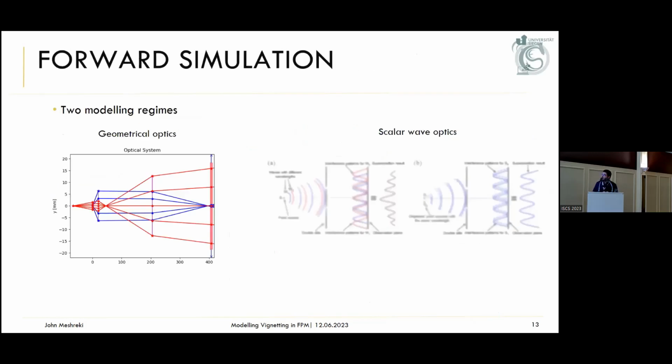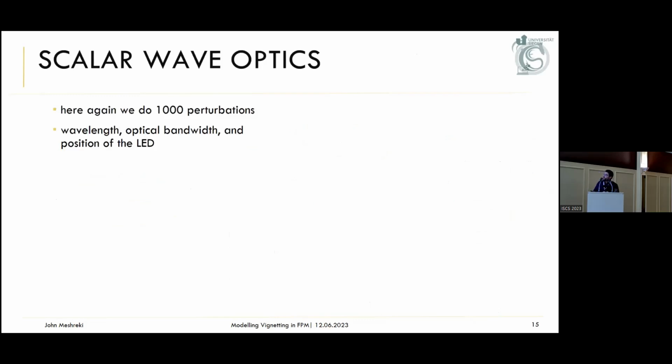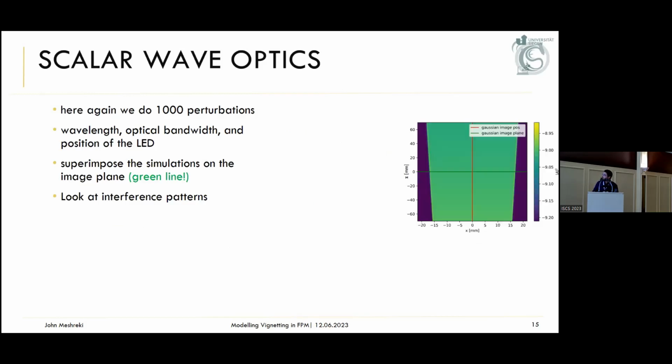To do this, we have to upgrade our simulation to the next regime, which is scalar wave optics, where we include temporal as well as spatial coherence properties into our system. Again, we're doing 1,000 perturbations to the wavelengths within some optical wavelengths and also of the position of the LED. And we superimpose the simulations on the image plane, which you can see here on the green line.